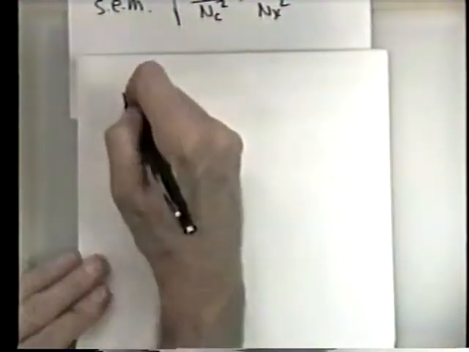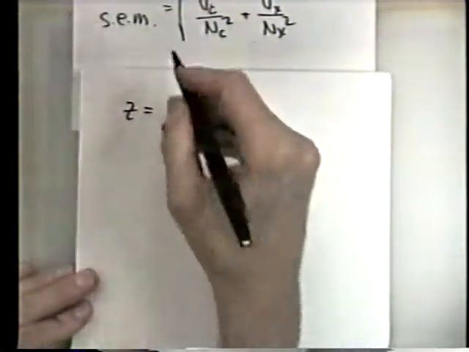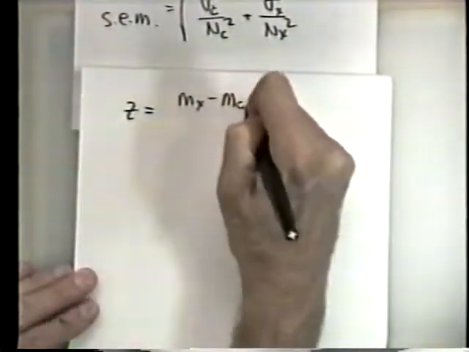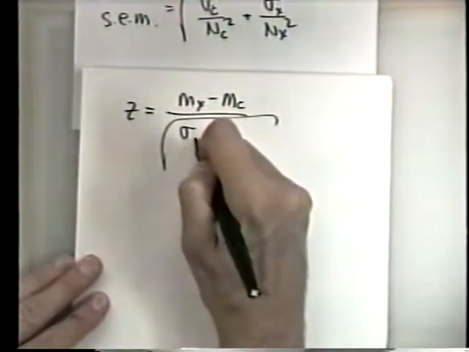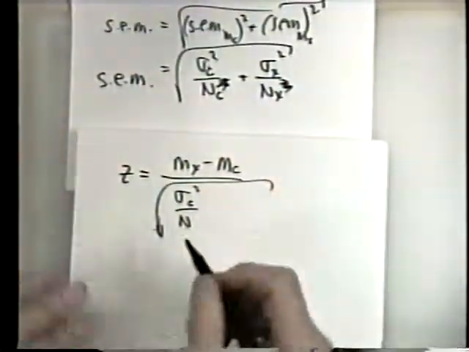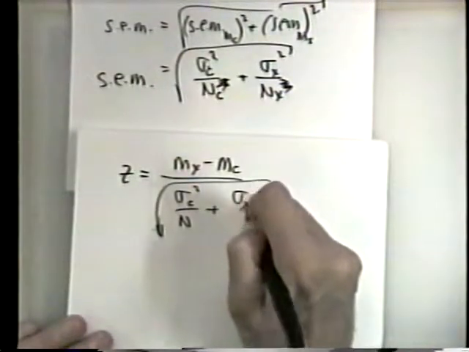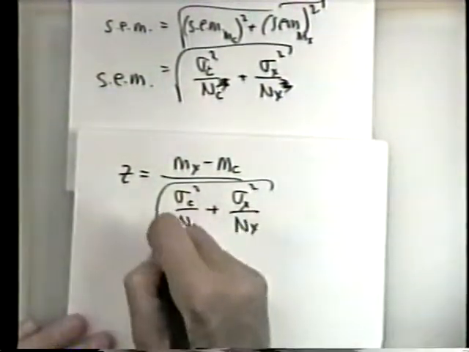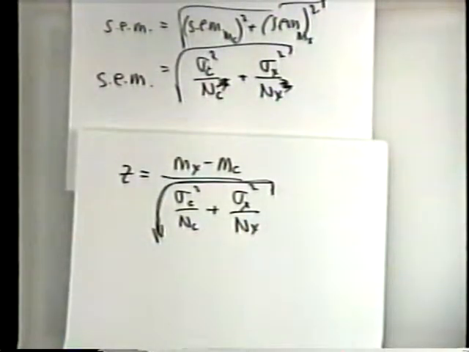So now the t statistic is going to look something like, or the z statistic will be the difference between the means of the experimental and control group divided by the square root of sigma control group squared over nc, there's no squares here, sorry about that, plus sigma experimental squared over nx.